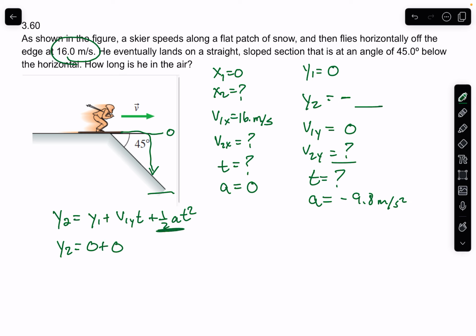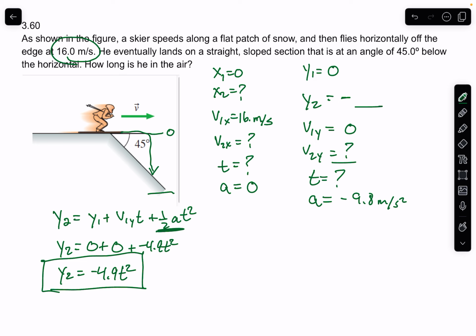Now, I do know what 1/2 of a is, so plus negative 4.9 t squared, or I can just say y2 equals negative 4.9 t squared. Now, I've got a y2 and I've got a t, so I've got a problem, but that's one part. Next, let's play with the x's.